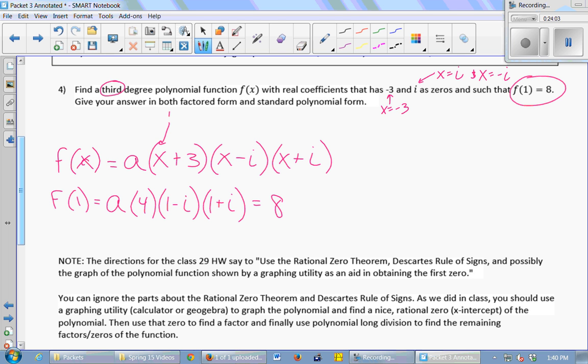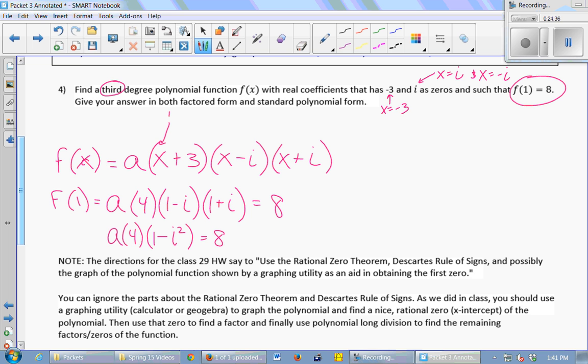Okay, so now I just have to multiply these 3 things together. We learned how to multiply complex numbers. I can't remember what it equals. I think I'm going to have to FOIL it. I don't think I can do it in my head. Yeah, I'll FOIL it. So I have an a, I have a 4, and then this is going to be 1 plus i minus i, so those will cancel, minus i squared.